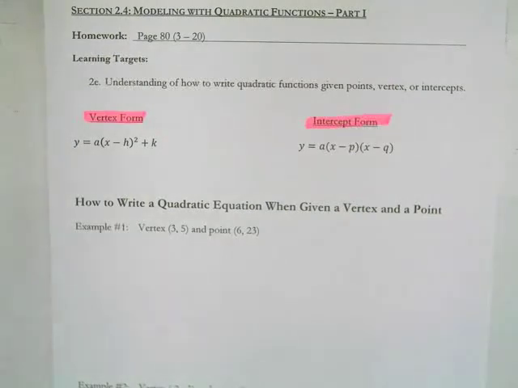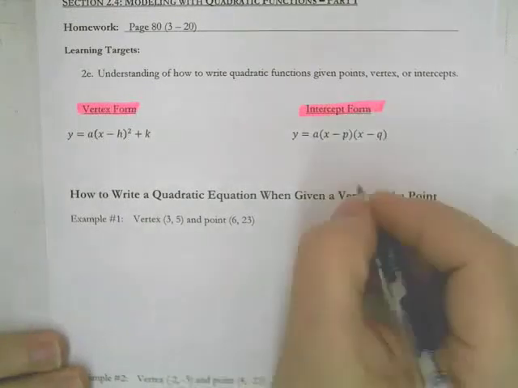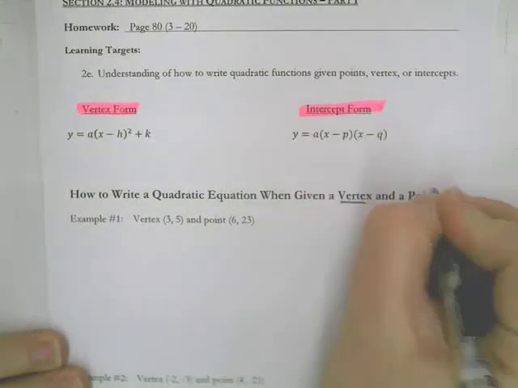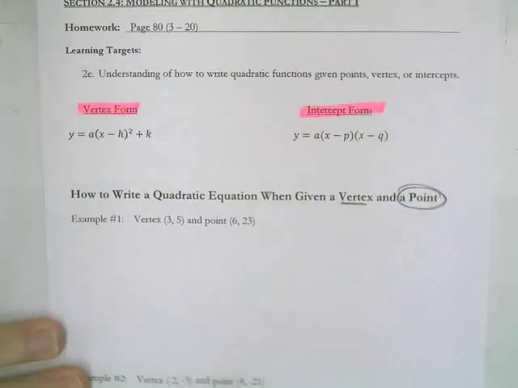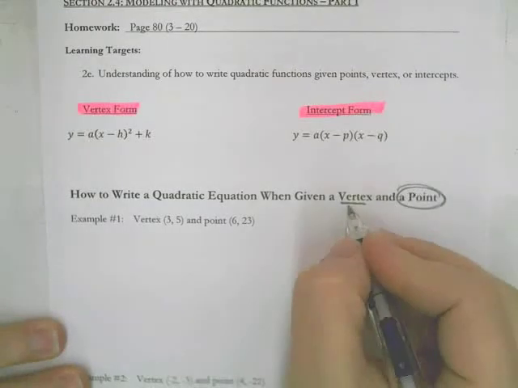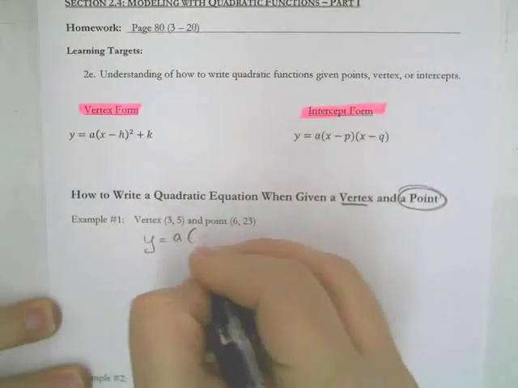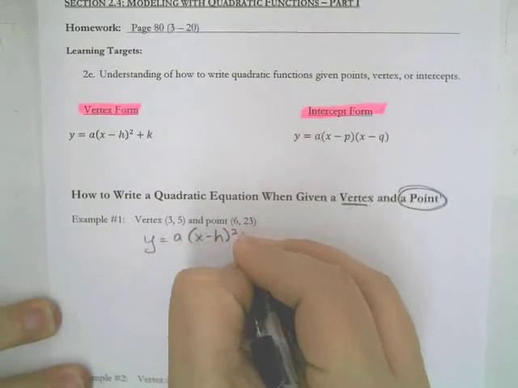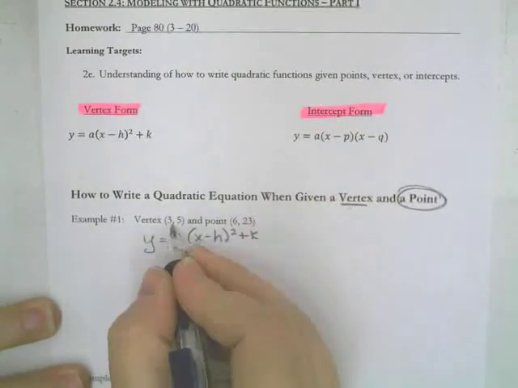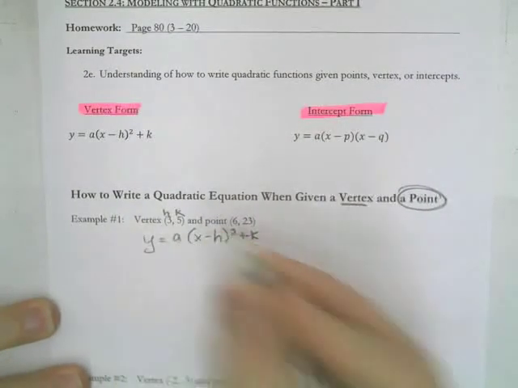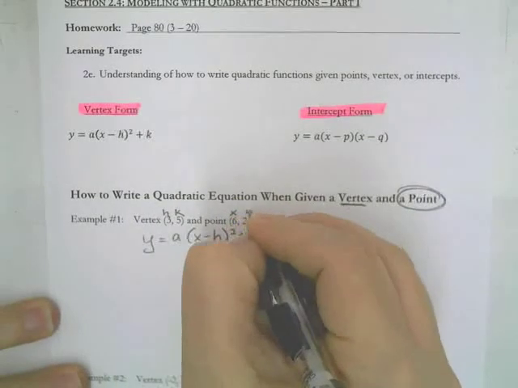Okay? So when you want to write an equation when you're given the vertex and a single point, okay? So whenever I'm given the vertex, I'm going to use my vertex form. My vertex is h, k, and my point is x, y.